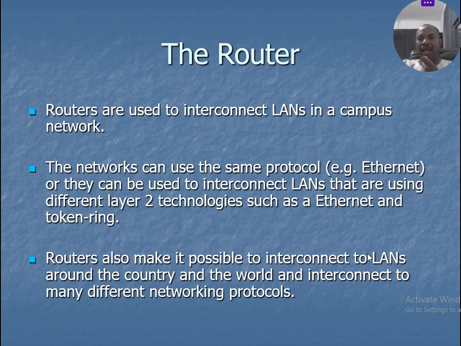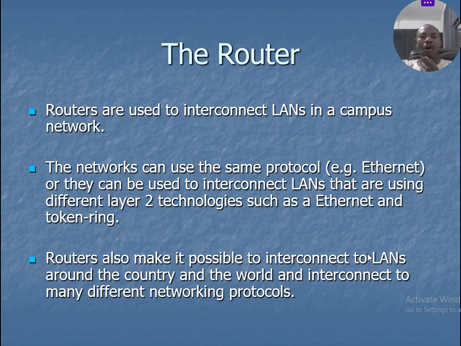So the point we make is that a router is suitable for whatever technology. You can combine two or more technologies in connecting the various local area networks in a campus. Remember, in a campus you have more than one local area network, and they will be interconnected together with the help of a router.